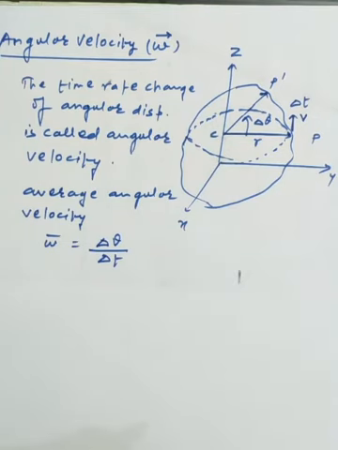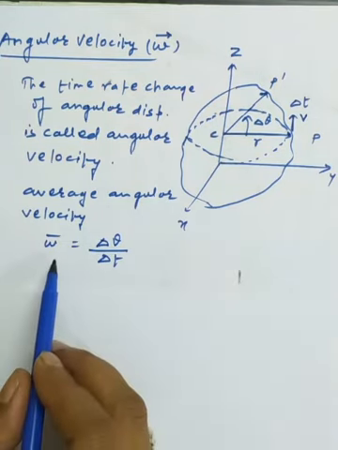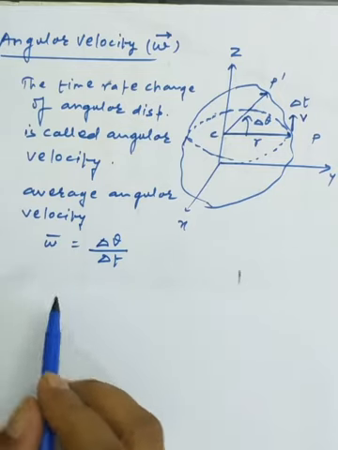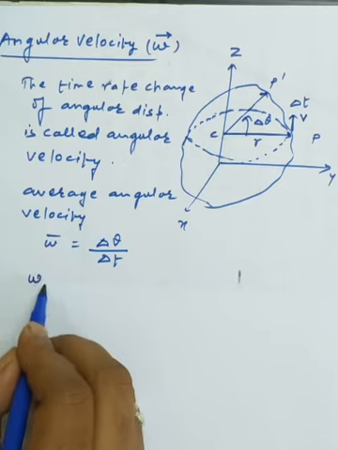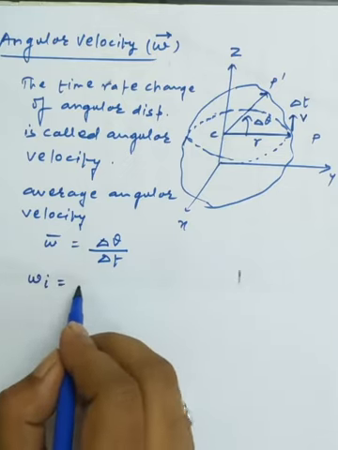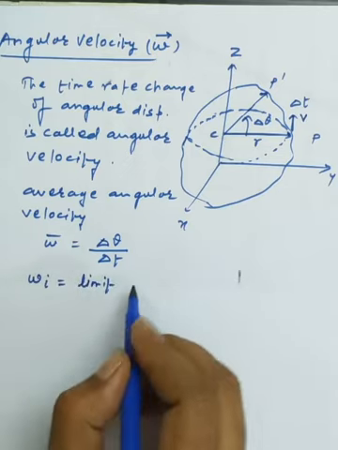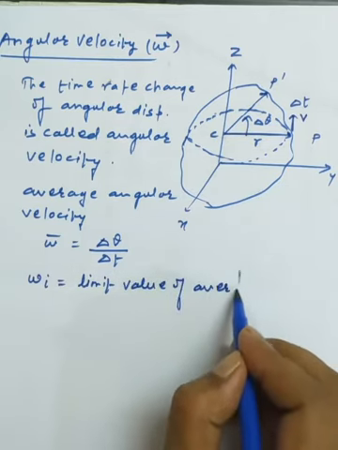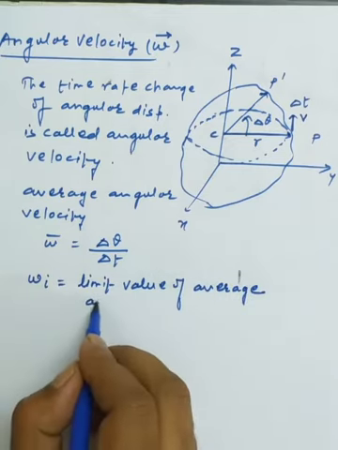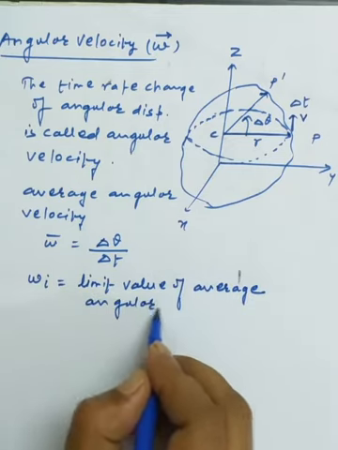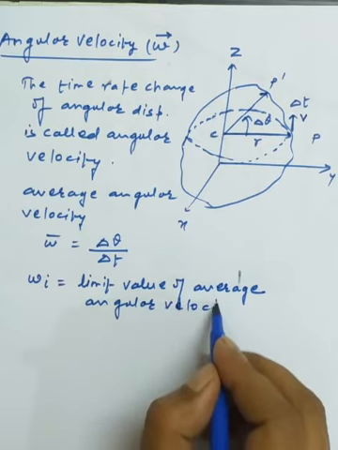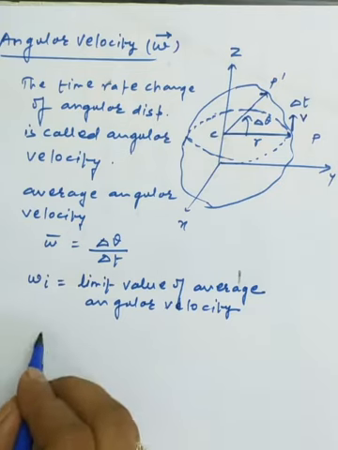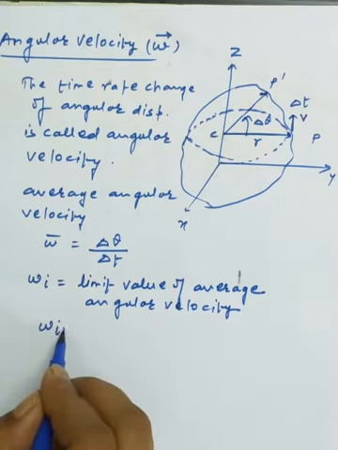As we approach the limit value of the average angular velocity, we get the concept of instantaneous angular velocity. So omega instantaneous is equal to the limit value of average angular velocity.